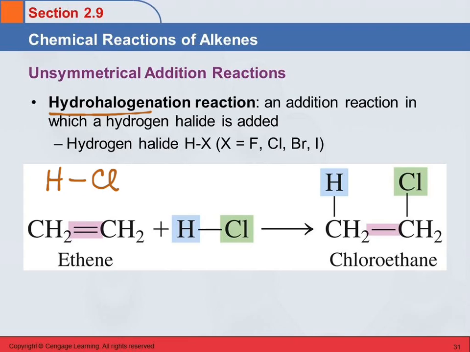So hydrogen chloride, hydrogen bromide, hydrogen fluoride, adding across the double bond. So one side gets hydrogen, the other side gets chlorine. Not the same, unsymmetrical. Okay, so halogenation is adding a halogen, hydrogenation is adding a hydrogen molecule, and hydrohalogenation is adding a hydrogen halide.